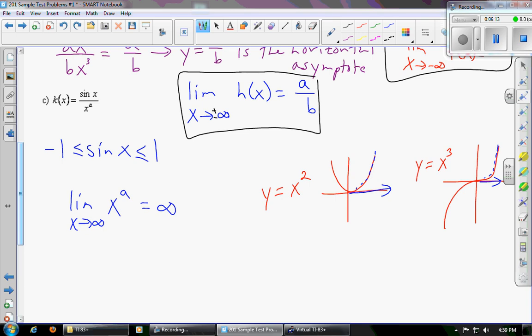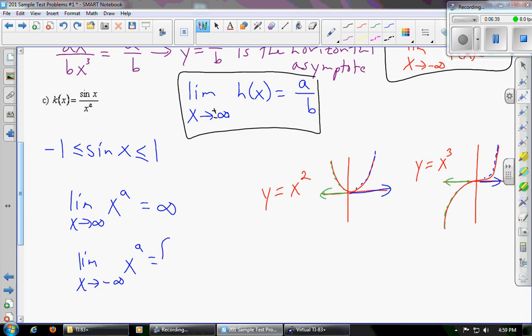So let's take a look at the left-hand side. The limit as x goes to negative infinity of x to the a. So I'll just look at my two representative graphs again here. Now we're going to send x to negative infinity in both cases. Here, we go up to infinity. Here, we go down to minus infinity. So I don't really have a good way to write that.